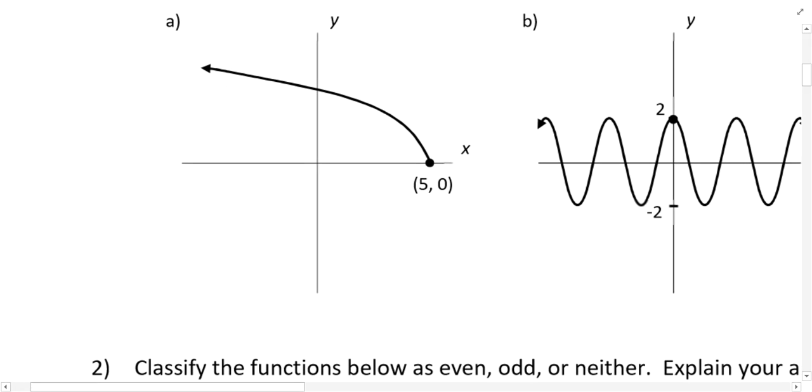So if I look at question part A, the x values that are associated with this graph, it looks like they start here at 5 and they transition to the left. This arrow, of course, indicates that the graph is going to continue leftward without stopping. And so I would say something like this. The domain of this function would be all x values that are less than or equal to 5. We could also use our interval notation and say that x must be an element of the numbers from -infinity up to 5 inclusive.